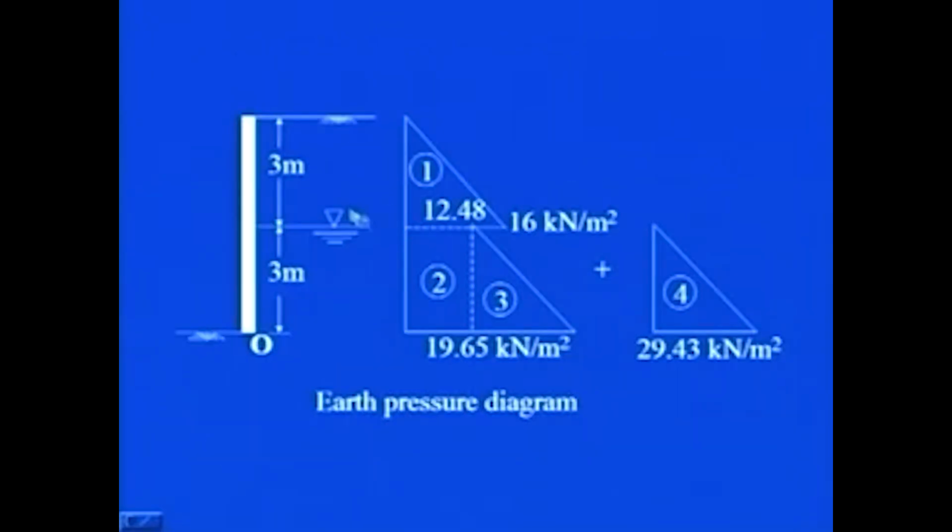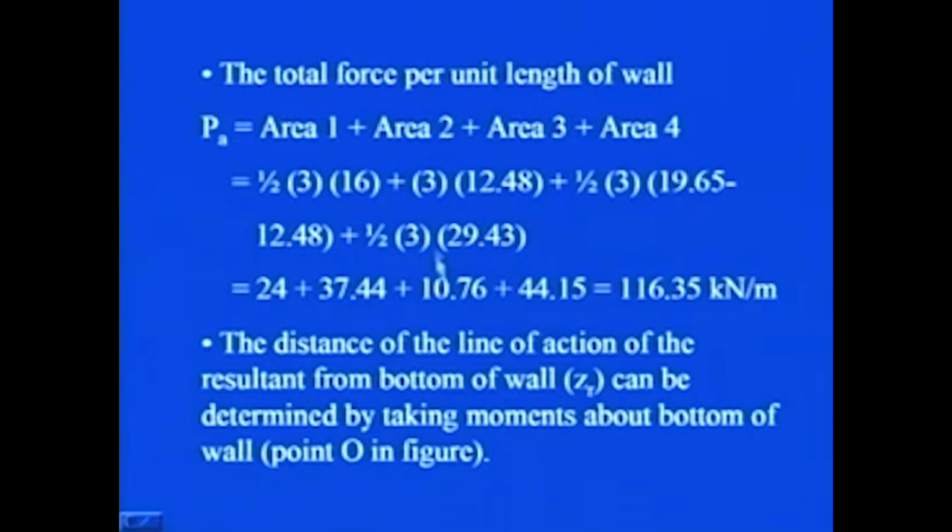Now since it is simply triangle and rectangle, it is very easy to find out the area. What is the area for this one area? That will be simply half multiplied by 3 multiplied by this ordinate which is 16 here in this case. For the second one it will be 3 into 12.48.